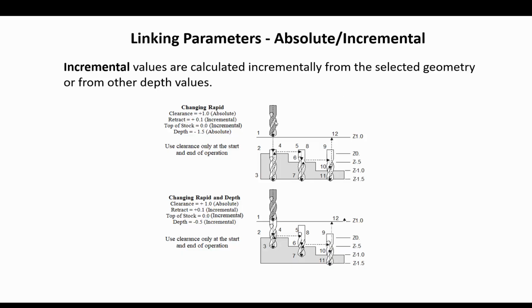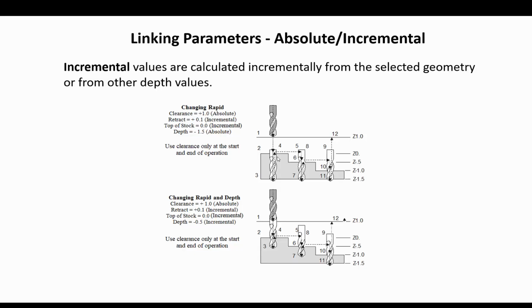The tool rapids to the clearance height, and then rapids down to the retract, which is set to incremental, so it's measured from the top of the stock 100 thou above, and then it's going to feed into the material until it reaches the final depth Z minus 1.5.